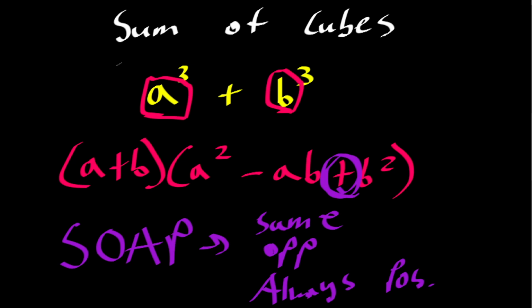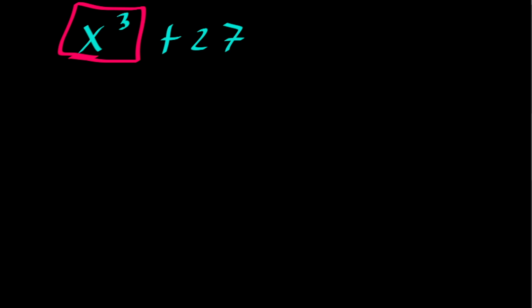Hopefully you got this written down, because we're about to use it for an example. We'll do a couple of these, but I'll try to make it quick. Let's say we have x to the third plus 27. My job is to figure out, all right, I have adding, I have two terms. The base of x to the third is x, so that's going to work like a.